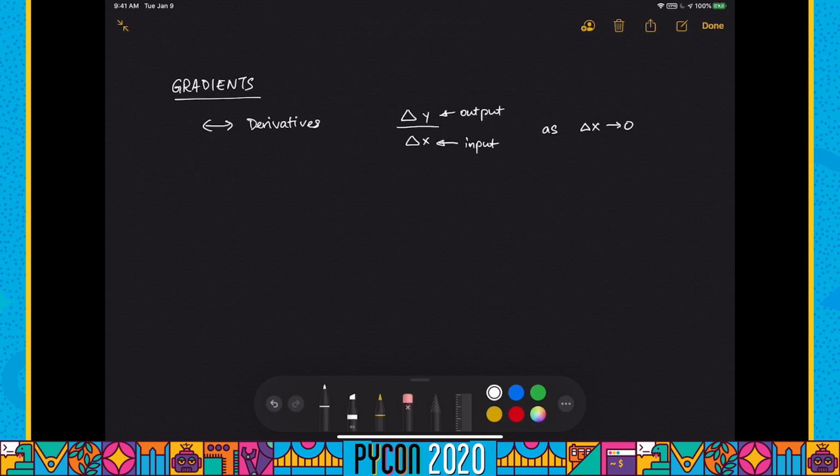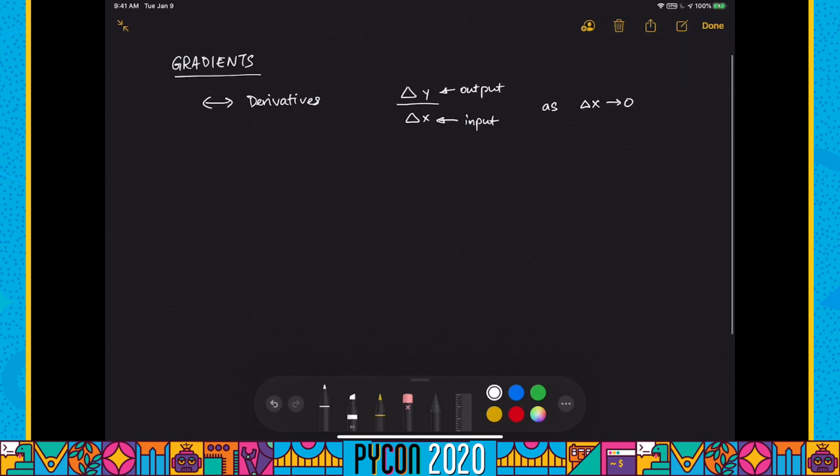So if we have a particular function, I'm going to define an arbitrary function. Let's say we have a function f of w, and it's as follows: f of w is equal to w squared plus 3w minus 5.